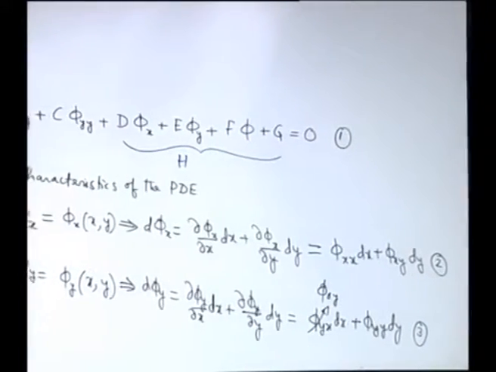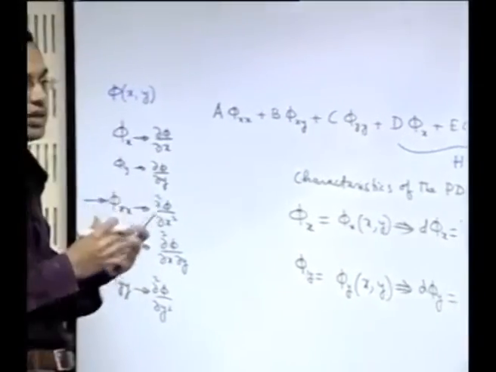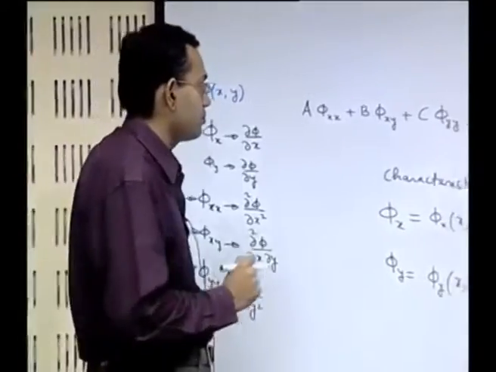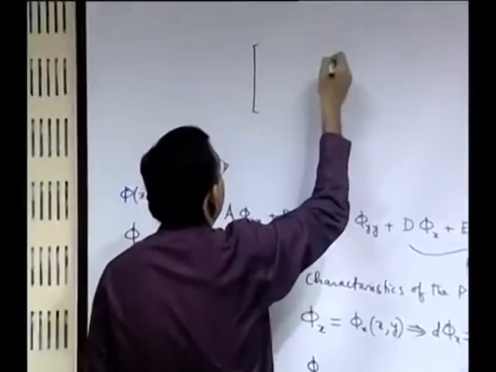We want to organize these equations with an objective that we are interested to get the characteristics of the partial differential equation. So, we arrange this in a matrix form.